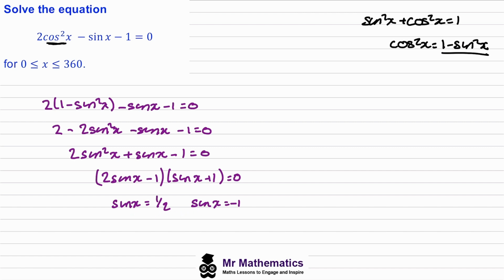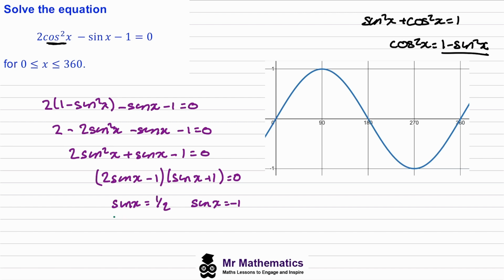To find the values of x within this range for each of these, we need to sketch a graph again. So if we look at the sine x equals 1/2, we can take the arcsine of both sides, so x will equal the arcsine of 1/2, so x will equal 30 degrees. We can mark this on our sine graph at about here, and you can see that this will have two solutions, one at 30 degrees and one at this point.